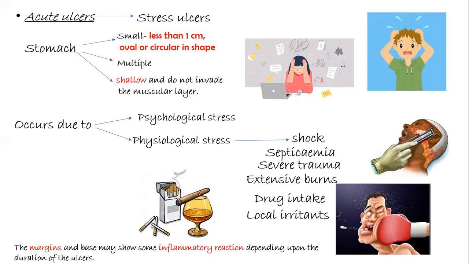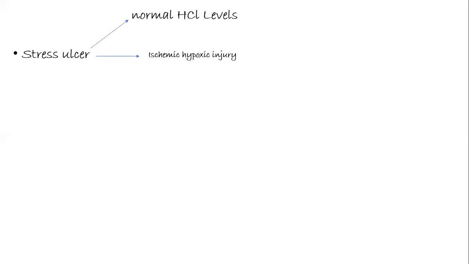In case of acute ulcers, the margins and the base may show some inflammatory reaction depending on the duration of the ulcers. The stress ulcers occur due to ischemic hypoxic injury, but there is normal production of HCl. The level of HCl is normal.